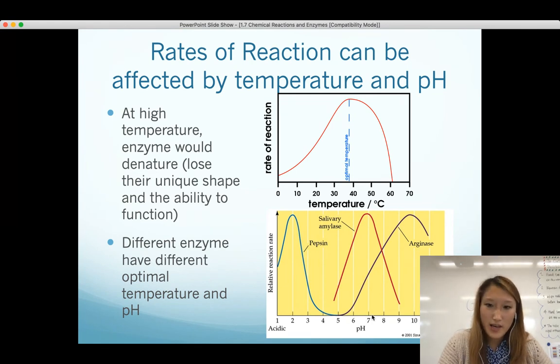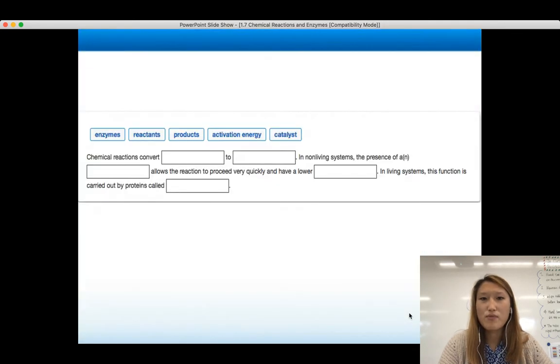Its optimal pH is 7, right? So that's neutral. You always want to look at the x-axis and then look at the y-axis, right? This is the highest point of the curve, so that is the highest rate of reaction. That gives you the optimal pH, which is pH 7. And then arginase has an optimal pH at about 9.7, okay?